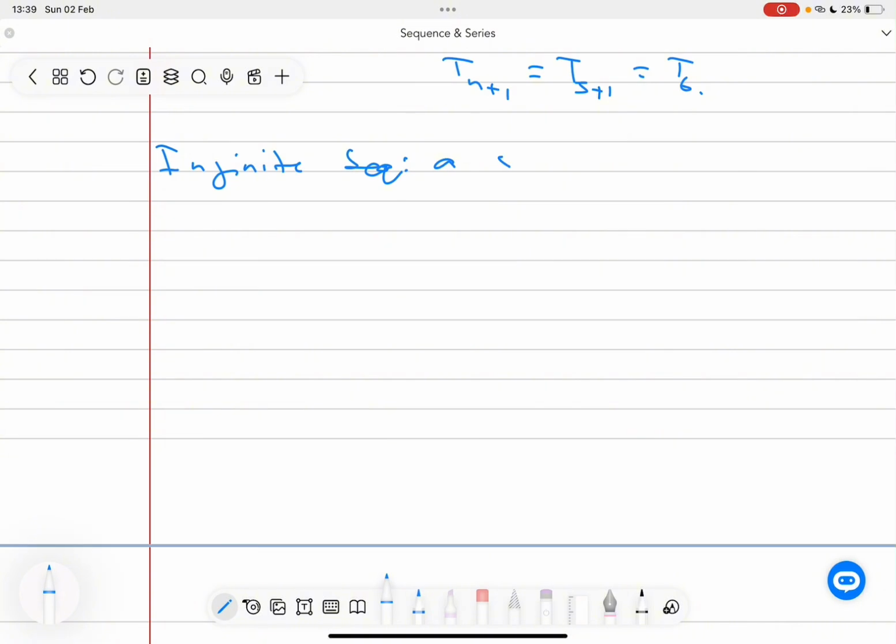Now, this is a sequence that is non-terminating. To say something is non-terminating means it does not end. It goes on until infinity. You know, the word infinite comes from infinity.